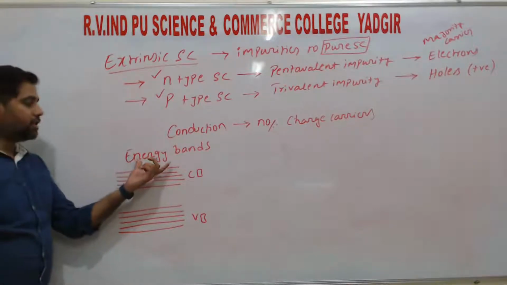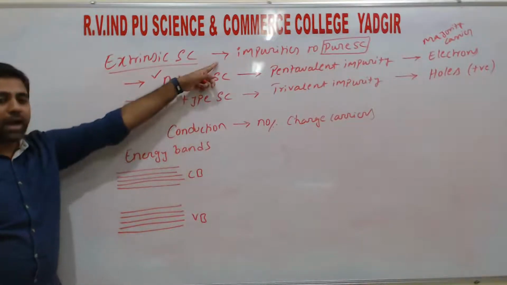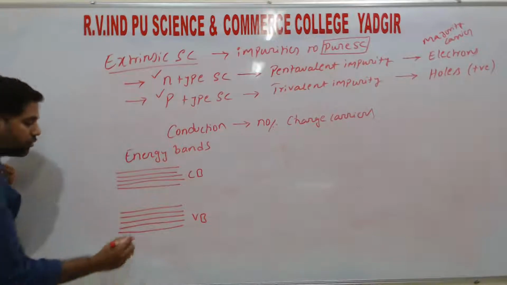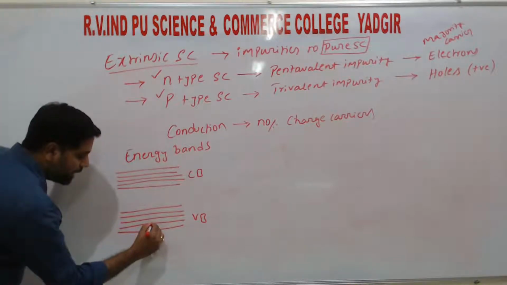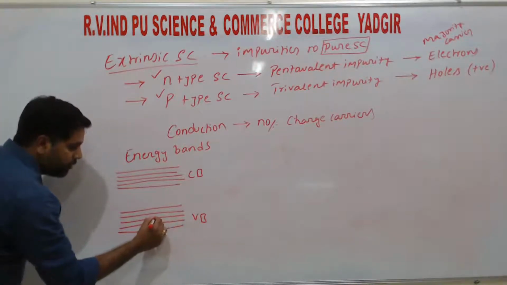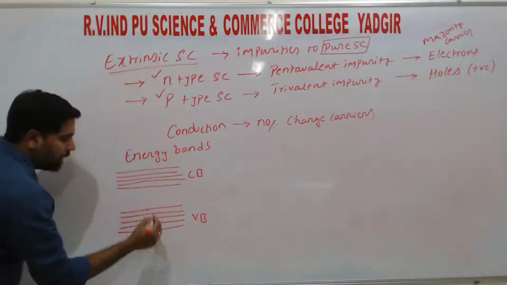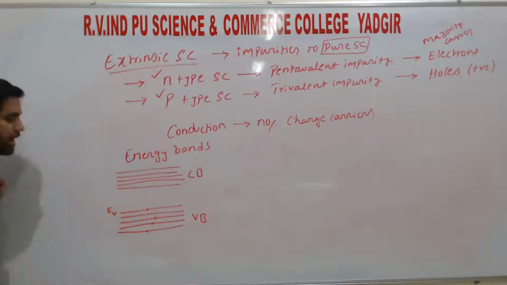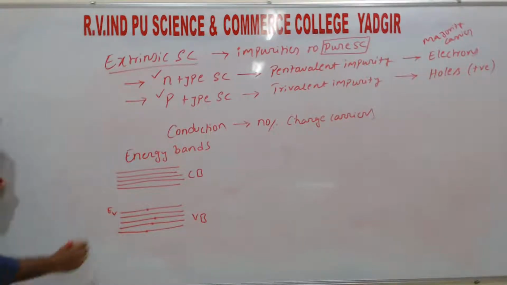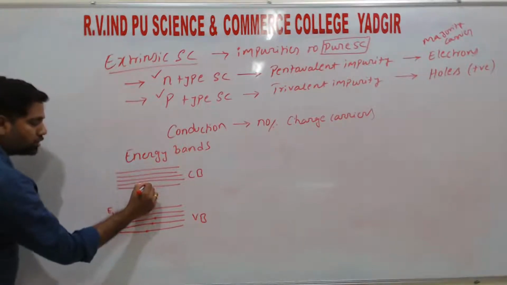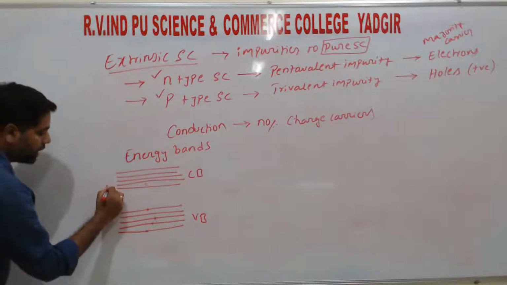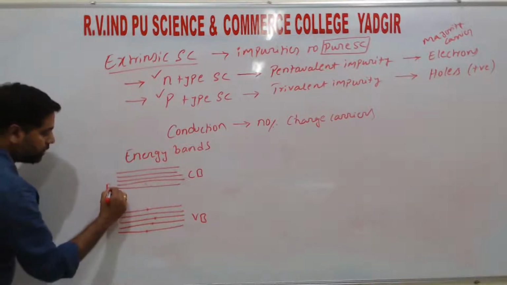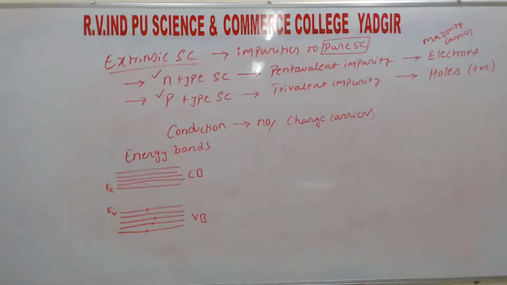As the energy bands get altered due to the addition of impurities, in the valence band we have completely filled electrons, right? For that we have the energy level we call EV. Similarly, the conduction band is almost empty, so the energy of the conduction band we call EC, right?